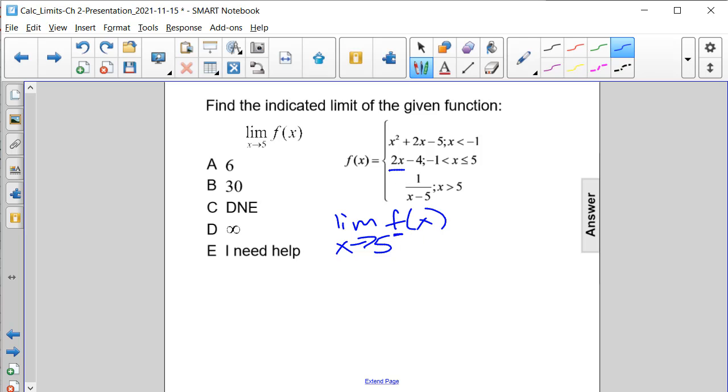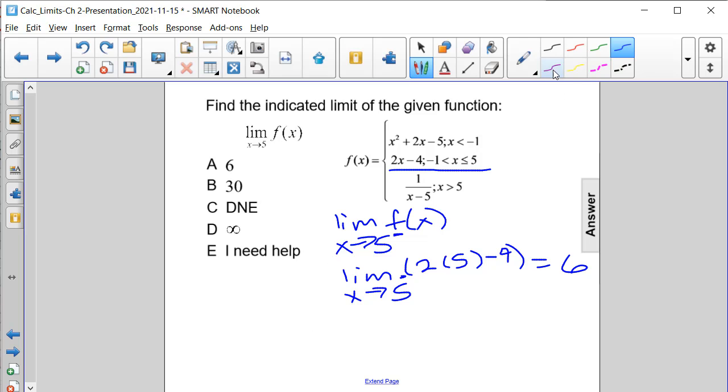So we're going to be using this function, and we can use direct substitution here. So that's going to be the limit of 2 times 5 minus 4, because we're taking the limit as x approaches 5 from the left. So then if we evaluate this, we end up getting 6.